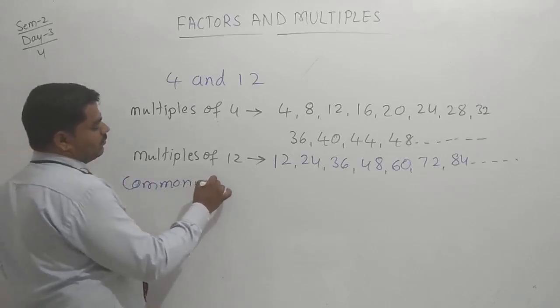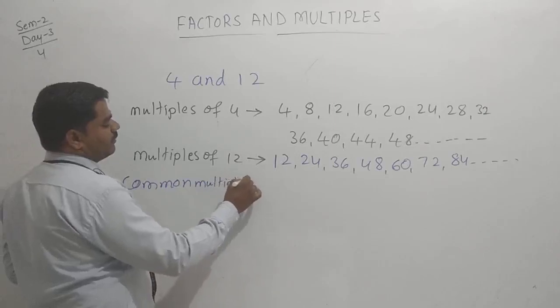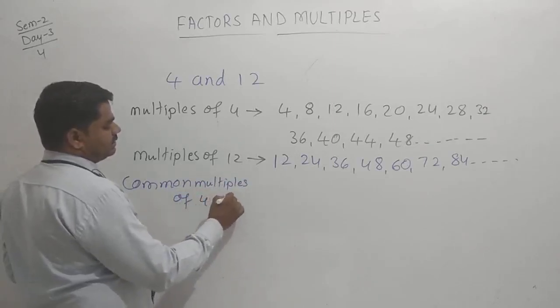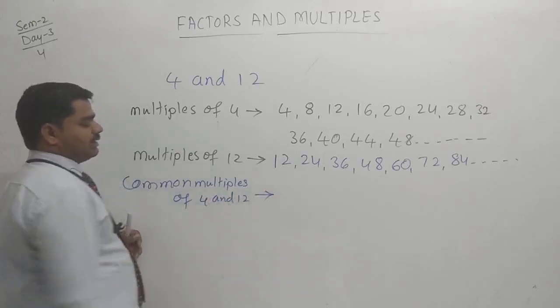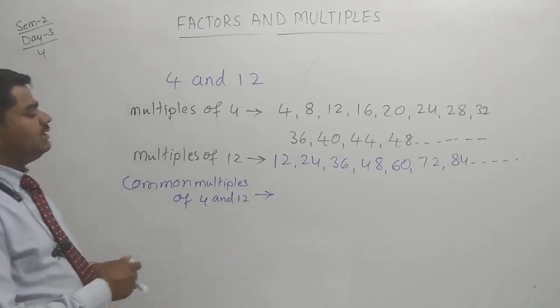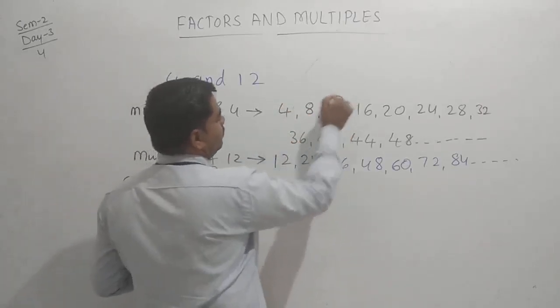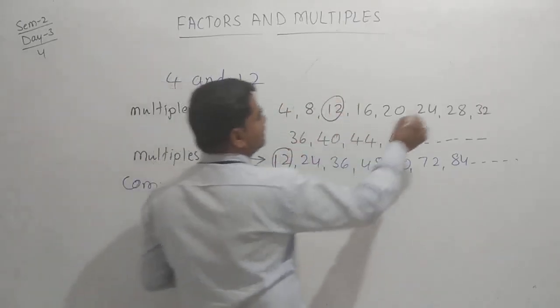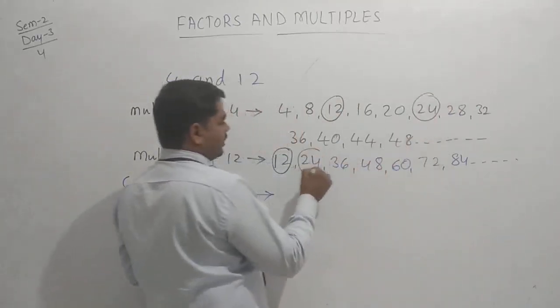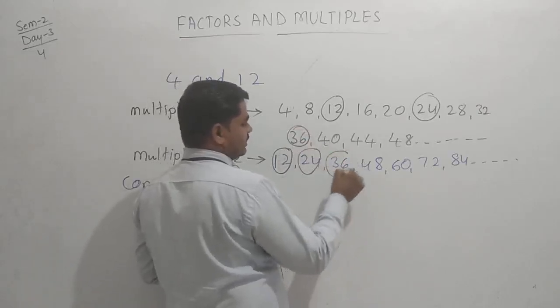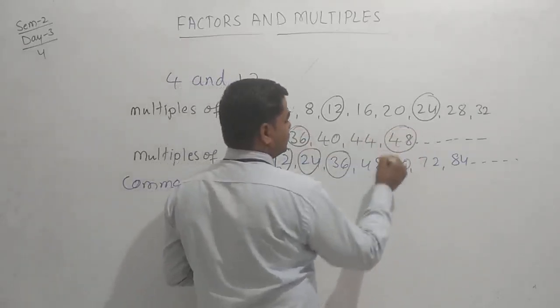The common multiples of 4 and 12 are: 12, 24, 36, 48, and so on.